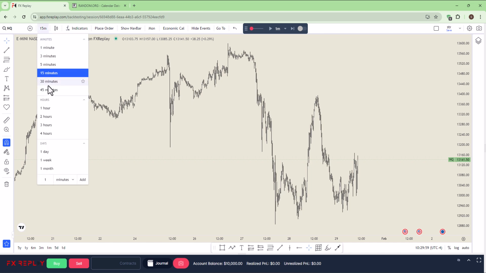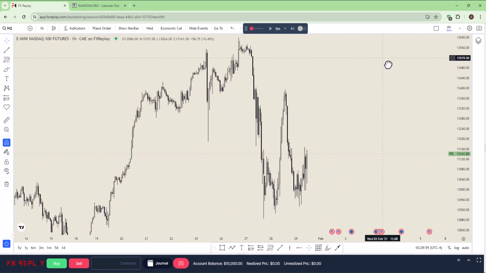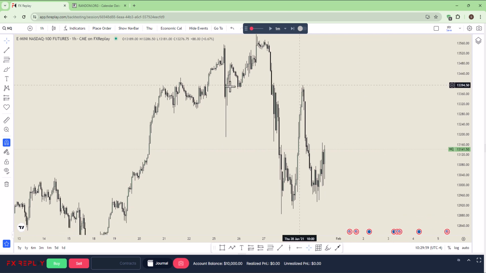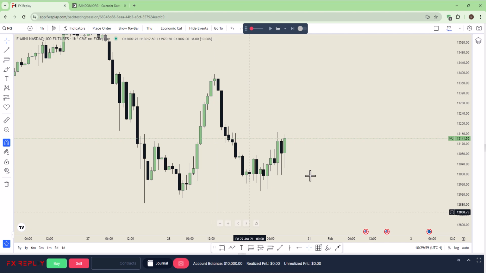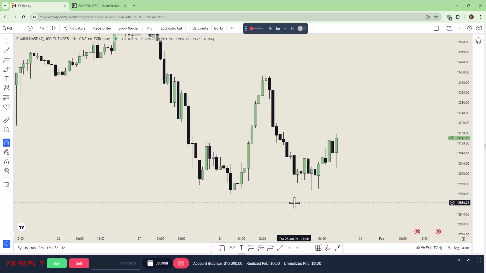Let's go to the 1 hour maybe. Yeah, so here we go. We have a market structure shift. We return back into these zones right here, and now we are trading lower. But we are stuck between this low and this high, so still the direction is not that obvious.